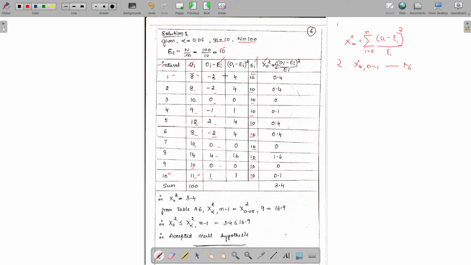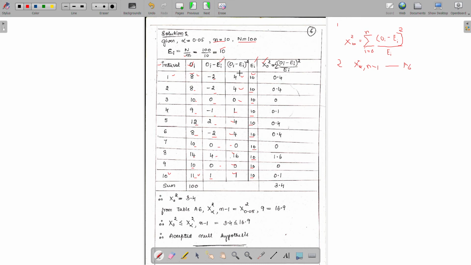Now Oi minus Ei square: 4, 4, 0, 1, 4, 4, 0, 16, 0 and 1.